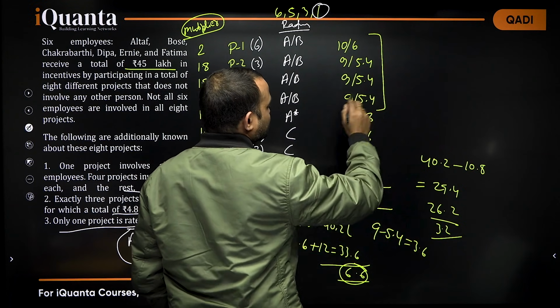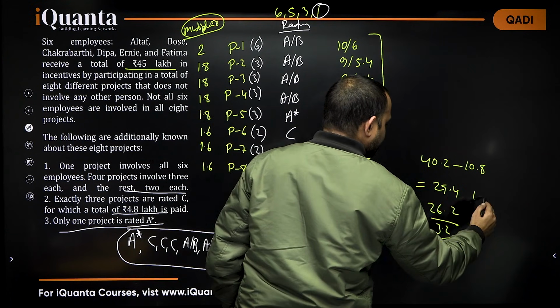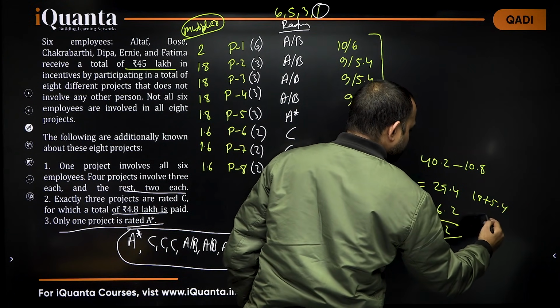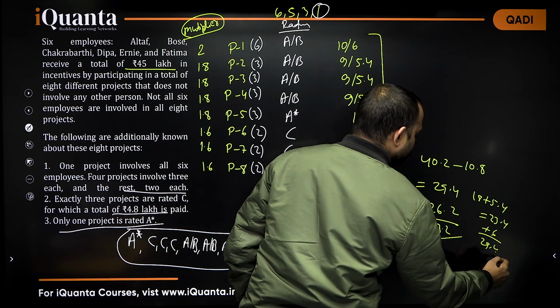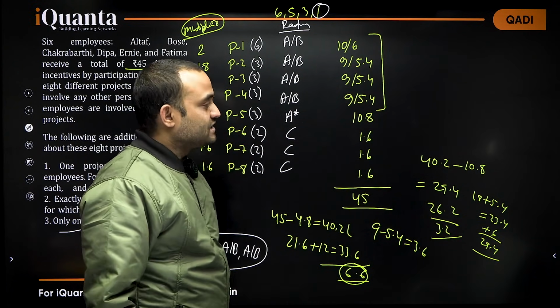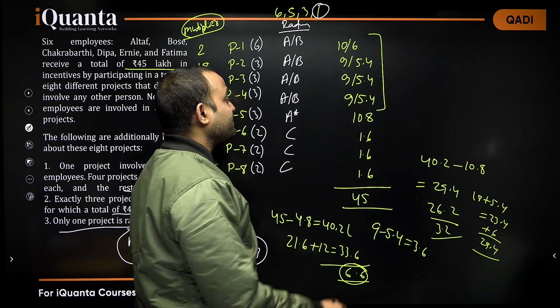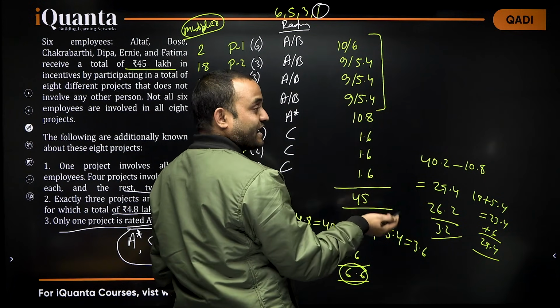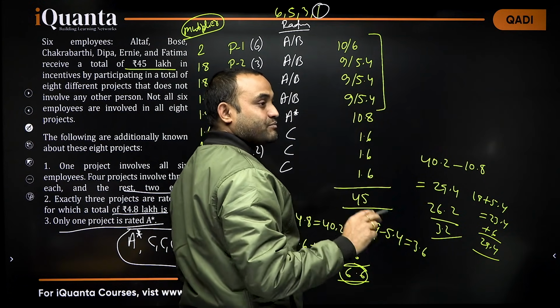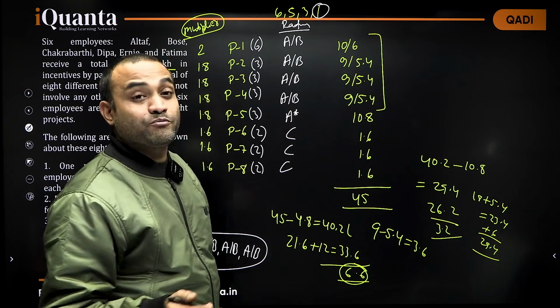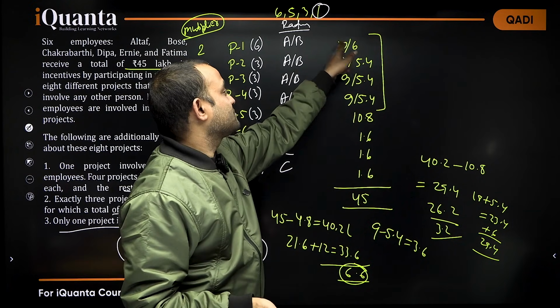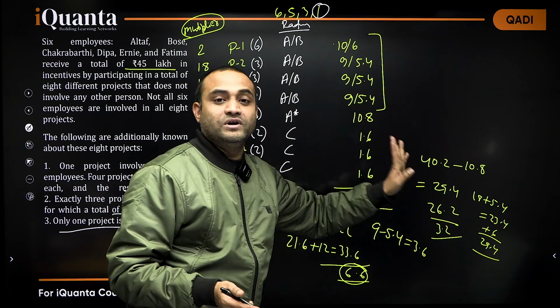So 18 plus 5.4 is equal to 23.4, plus 6 is 29.4. That's it. That's the possible combination. If I am taking 5.4 twice, 10.8, and one 9, 10.8 and 9 is 19.8, then it does not matter whichever you take, you are not going to get 29.4.